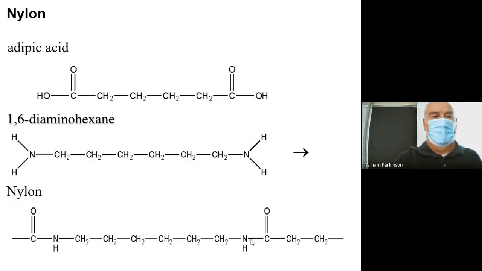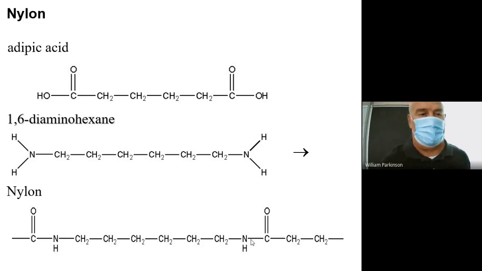Now, just one more copolymer that I'm going to show. This again will take a molecule that starts out with OH on both ends of it, just like we did in the PET connections. But now instead of the thing with the benzene ring, I'm going to take something that has actually some nitrogens in it. And when I connect these two together, again, I'm going to shed some water molecules.